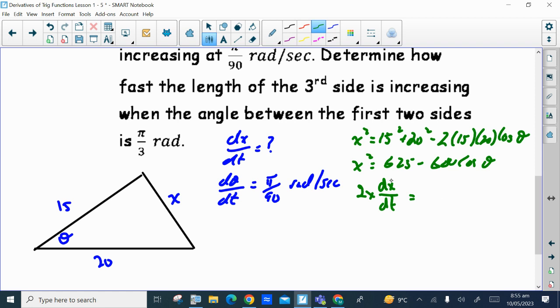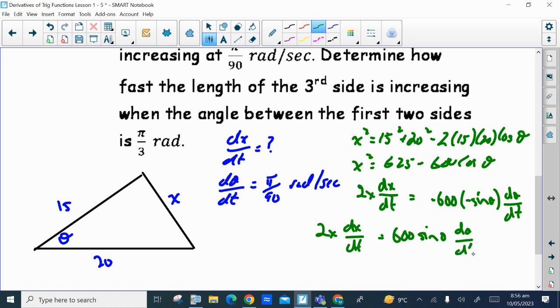When you differentiate negative 600 cos theta, it'll be negative 600, but the derivative of cosine is negative sine theta times d theta by dt. So this will give us 2x dx by dt equaling 600 sine theta d theta by dt.